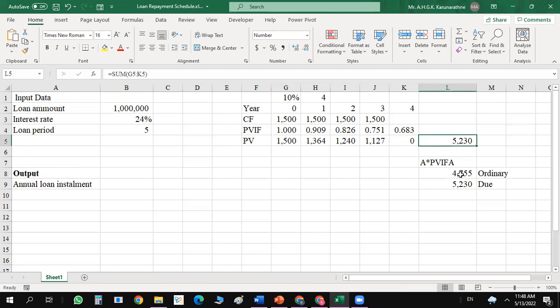So according to our tables and our formulas, it is this. How can we convert this to the correct answer? I told you, always keep in mind the present value of a due annuity is always greater than the present value of an ordinary annuity. By how much? By 1 plus r times greater than the ordinary annuity.